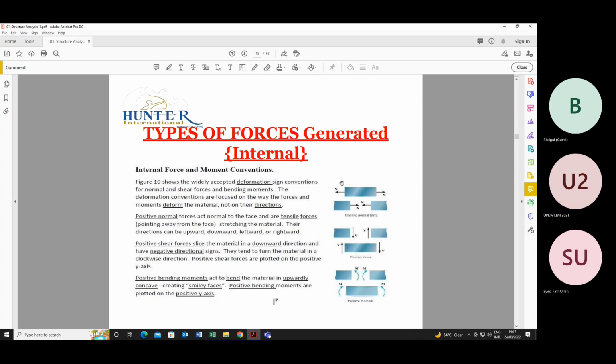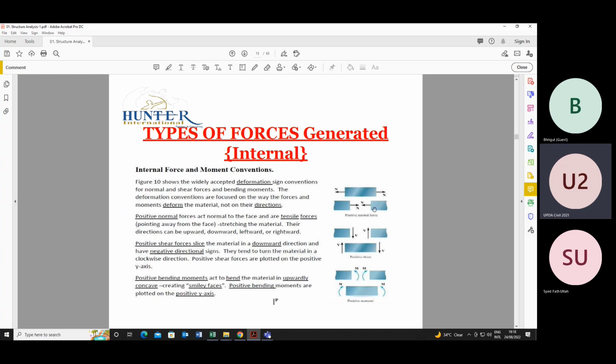If we consider the forces, positive normal forces act normal to the face and tensile forces point away from the face.